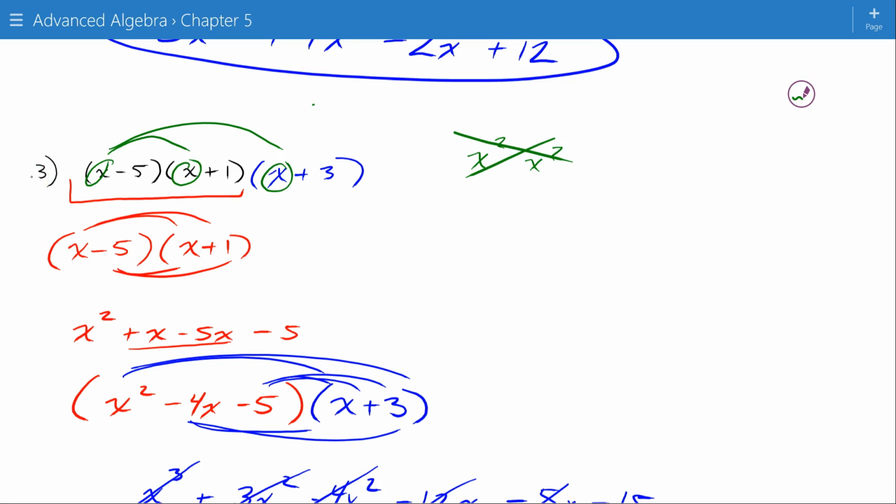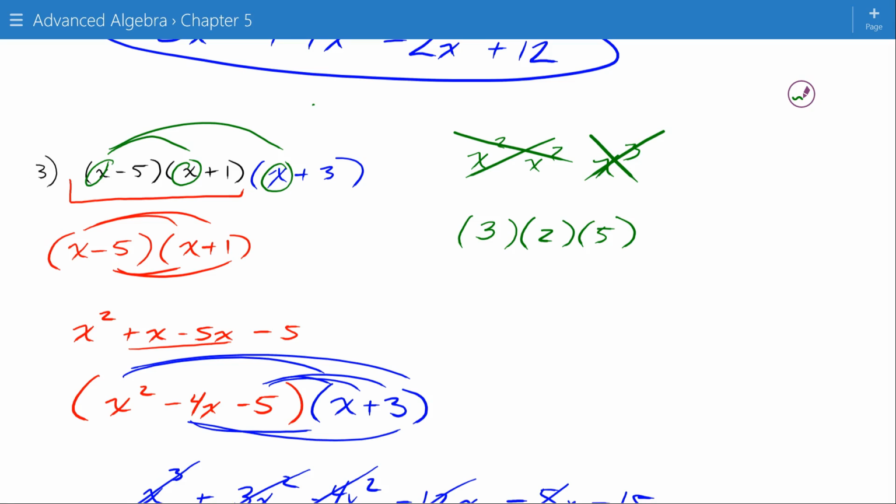It might make sense if we use a number aspect to this. A lot of people say, oh, it's x times x times x, and you're going to get x cubed. Don't fall into that trap, okay? Let's consider numbers here, right?